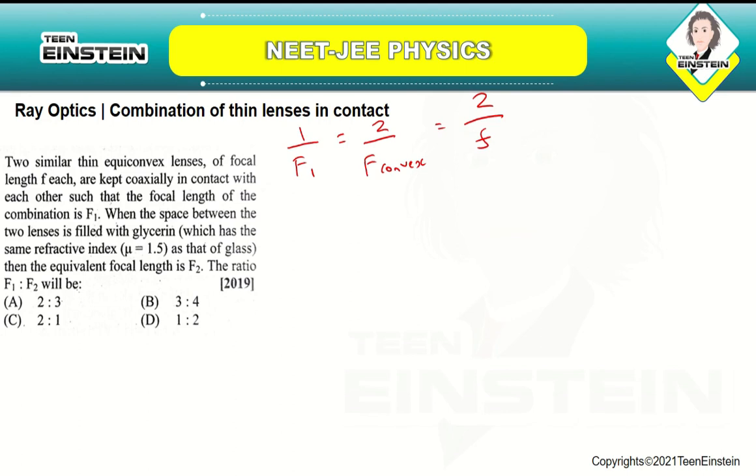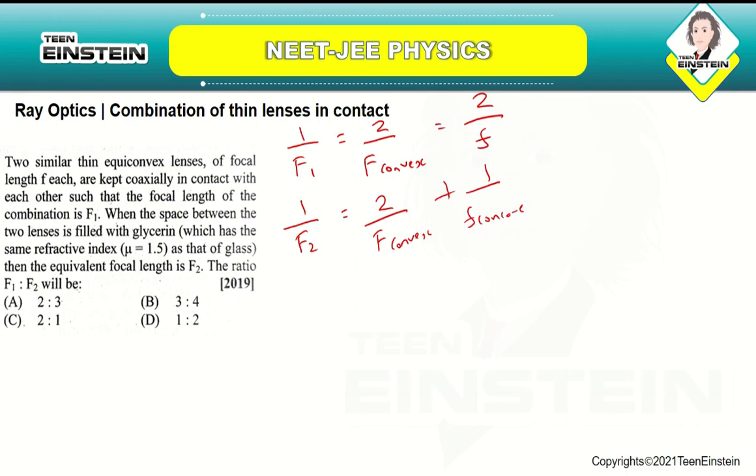Now when the space between the lenses is filled with glycerin, you will be getting f2. 1 by f2 will be 2 by f convex, that is the convex lens focal length, plus 1 by f concave. This is due to the glycerin.